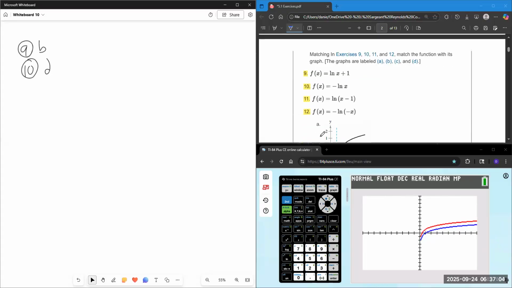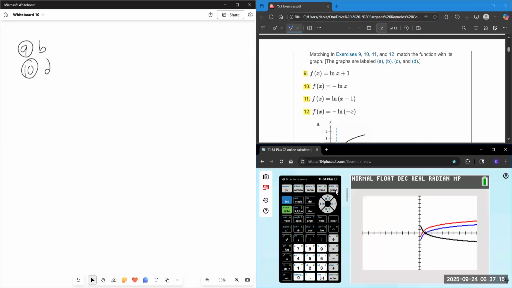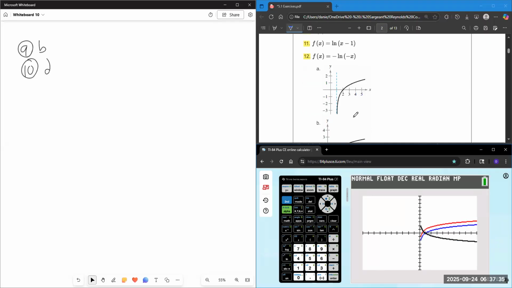The third one, let me show you this one here. Negative ln of x, like that. And then we have ln of (x minus 1) in parentheses, so that's going to shift 1 to the right. So we're going to have a vertical asymptote at x equals 1, and our x-intercept will be at (2, 0).